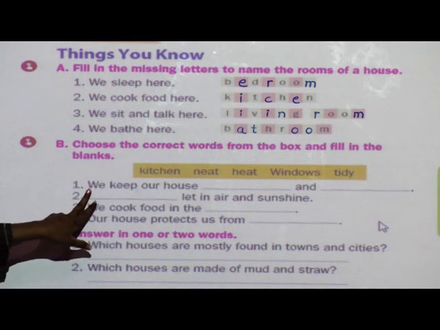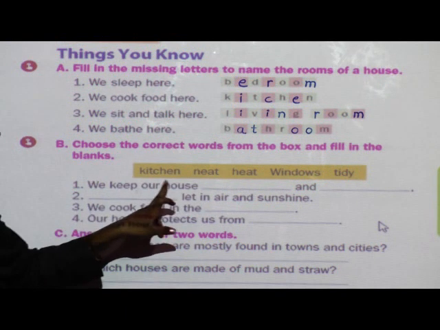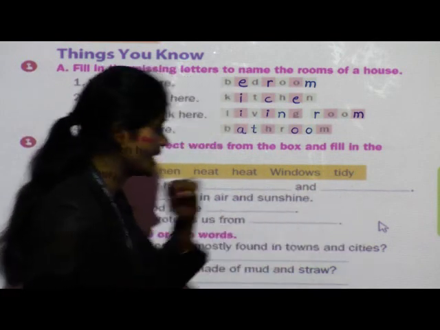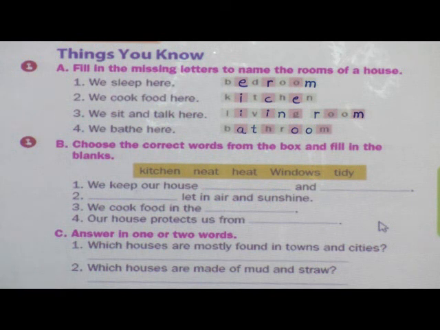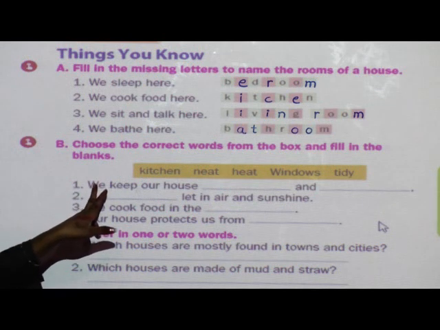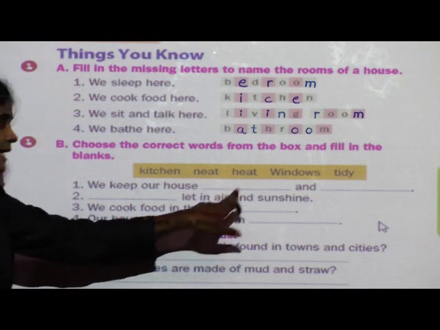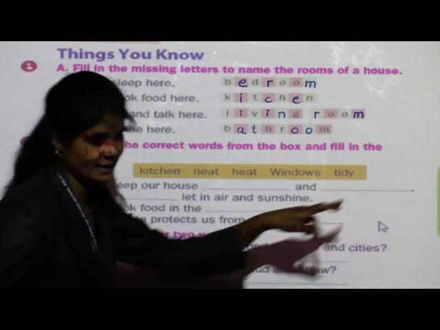See, first, we keep our house dash dash and dash dash. How do we keep our house? Dirty or clean? And neat and tidy also you can say. So which is the correct word? We keep our house neat and tidy.